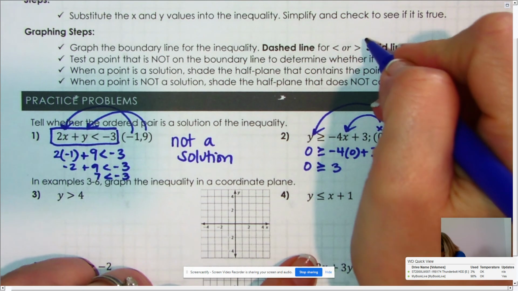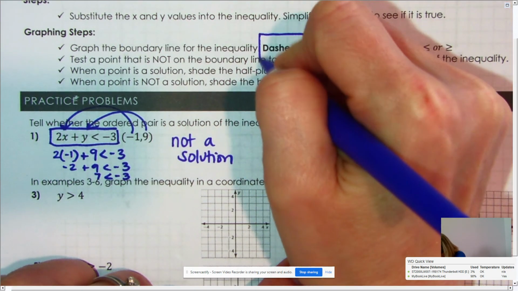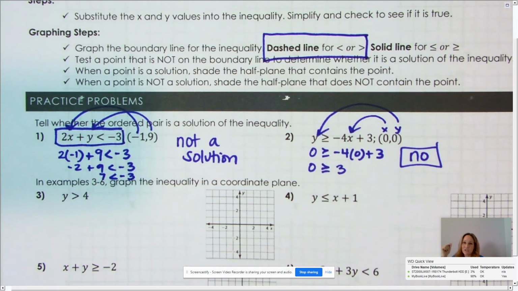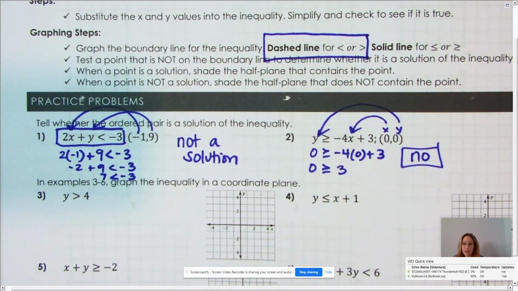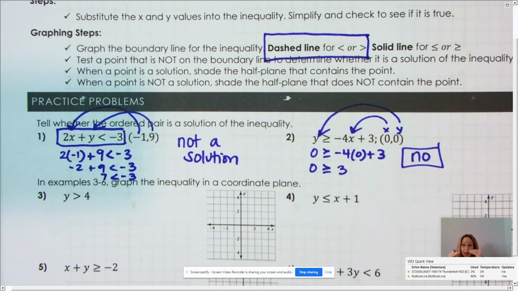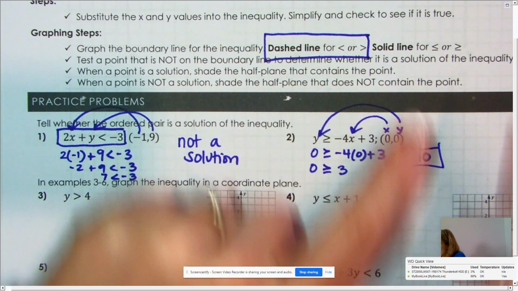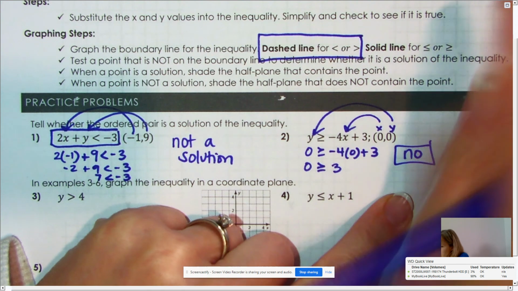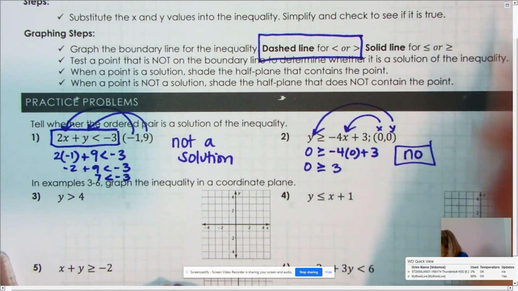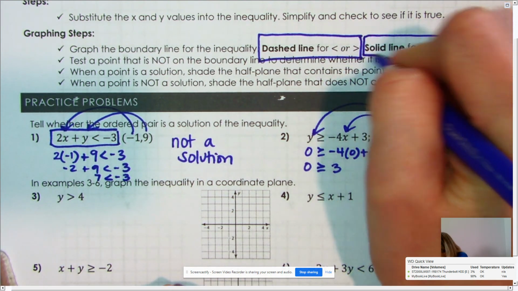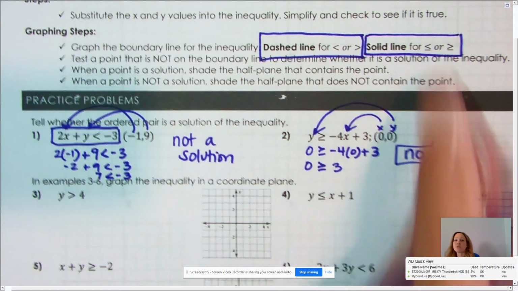So if there's no equal sign, we're going to put a dotted line, or dashed line, which shows all of the things that go up to the line, but not including it. Same thing, remember when we did closed circle, if it had the equal to, we're going to make a solid line if it has the equal to on it.